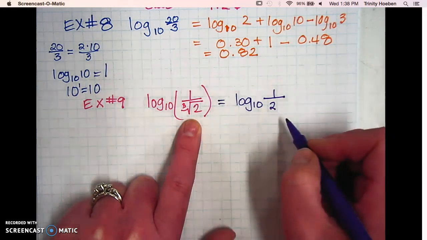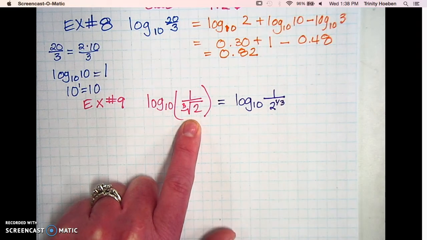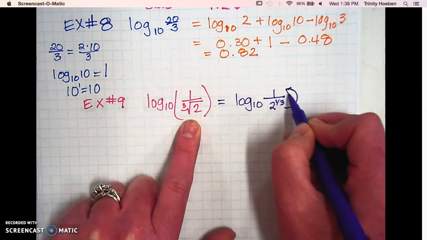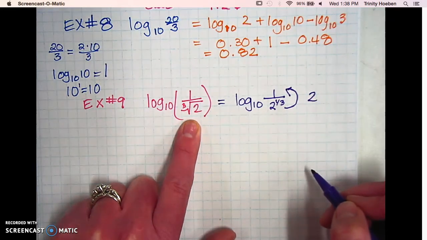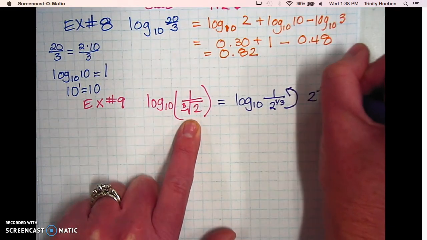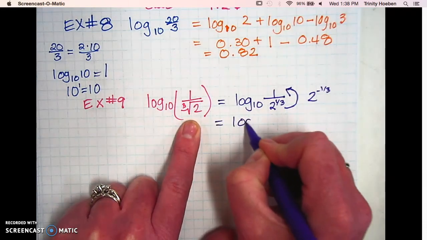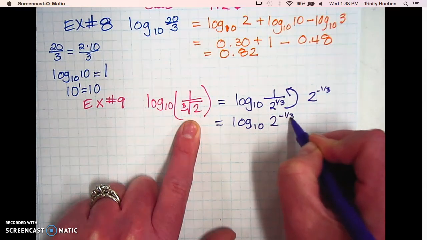Not third, to the 1/3. Because we're taking the third root. Okay? But I'm going to move it up to the numerator, which is going to make the exponent what? -1/3. So this is log base 10 of 2 to the -1/3.